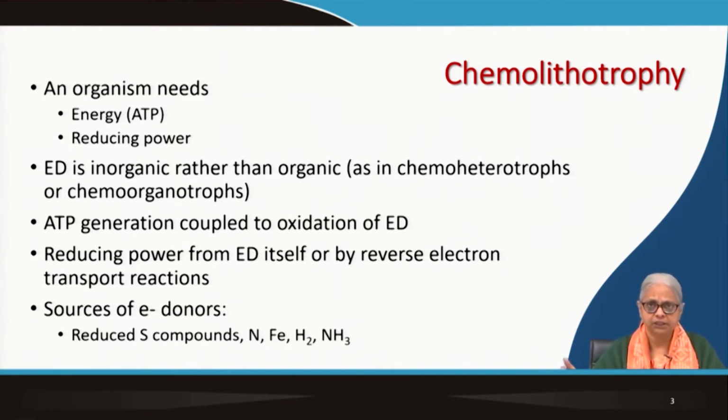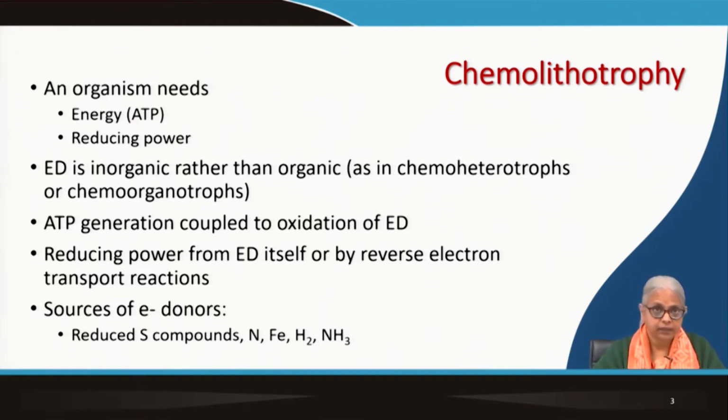As they are donating their electrons, they are being oxidized, and that is the source of energy for the organism. Reducing power from the electron donor itself can be utilized, or obtained by reverse electron transport reactions. We have seen an example of reverse electron transport reactions in the photosynthetic case.